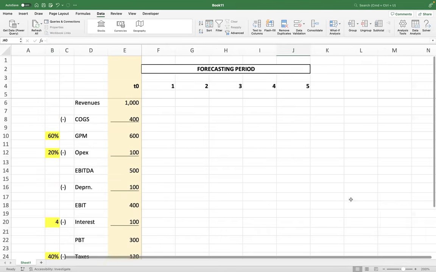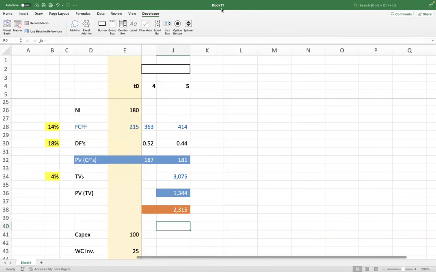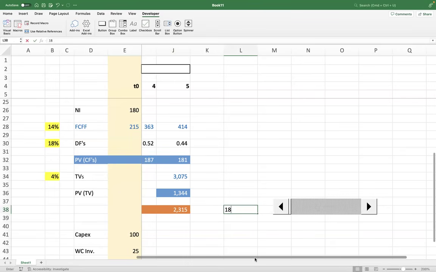Now, this is the right point where I can go one step ahead, and probably I can put something like a scroll bar here. This scroll bar will tell me, depending upon the change in my WACC, how my business valuation changes.